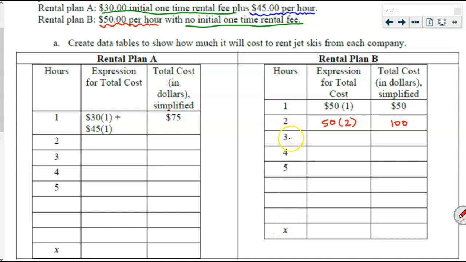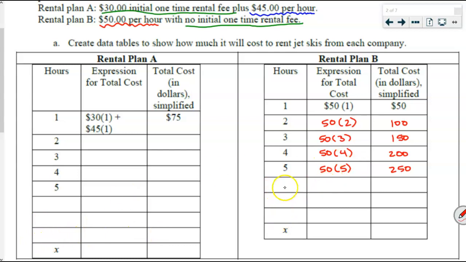You get the drift, right? 3 hours, 50 times 3 for a total of $150. 4 hours, that's 50 times 4, $50 an hour, 4 hours for a grand total of $200. $50 an hour for 5 hours is $250.